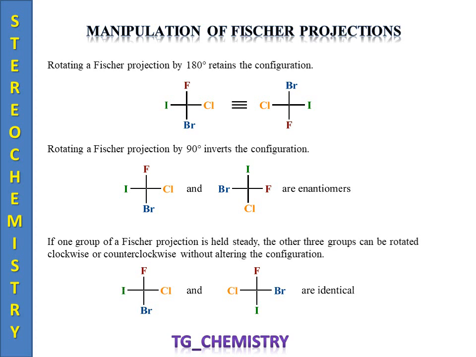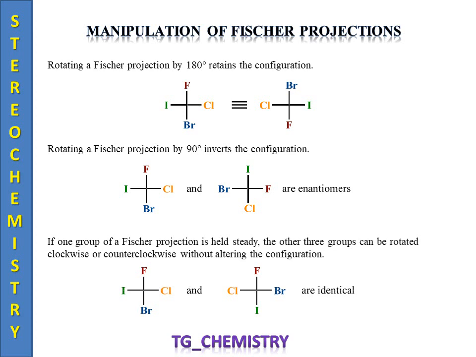However, rotating a Fischer projection by 90 degrees will invert the configuration. You see the two structures, which have been rotated by 90 degrees only, so they invert the configuration, and those molecules are stereoisomers, enantiomers in relation.